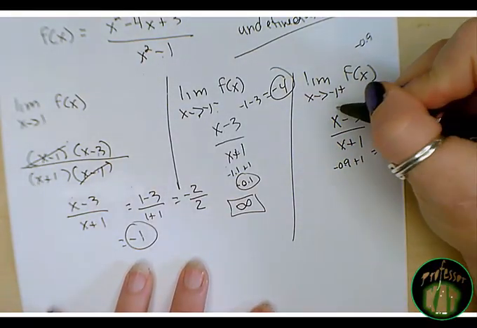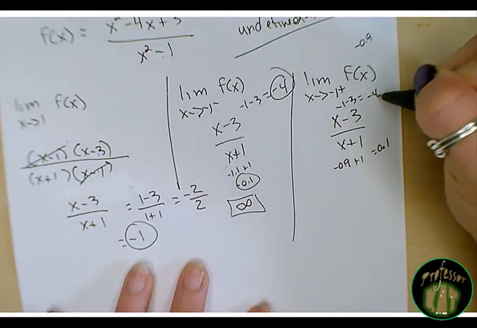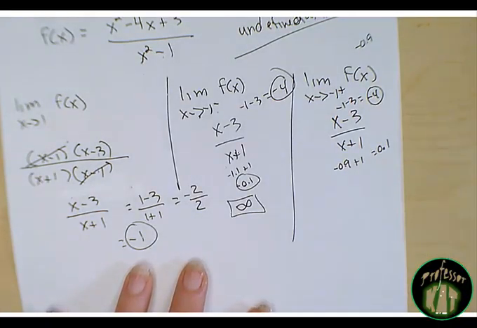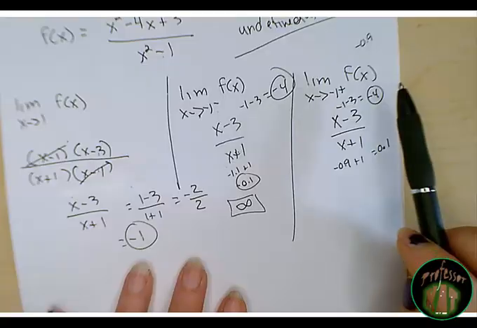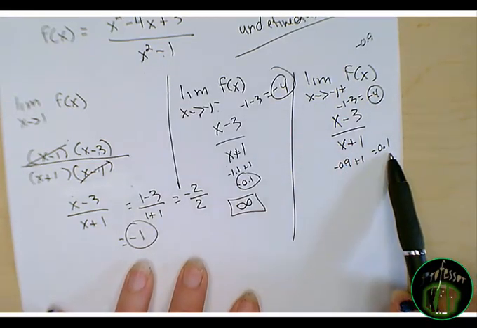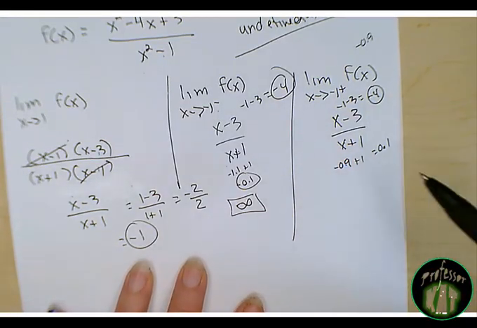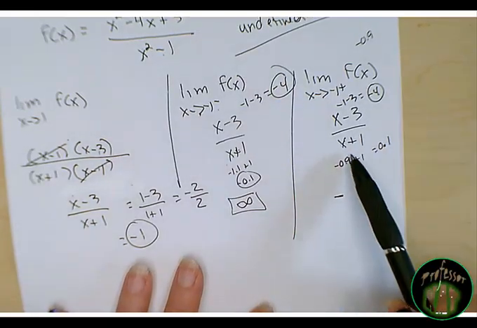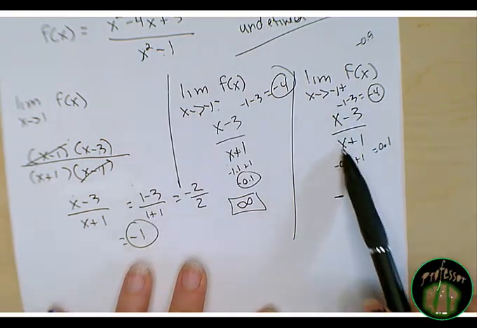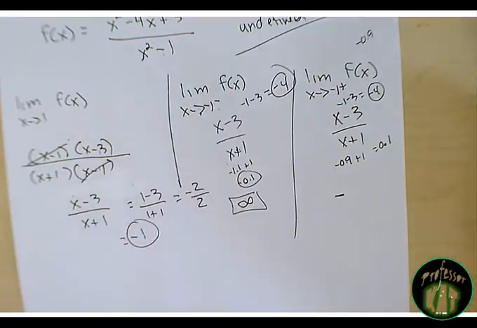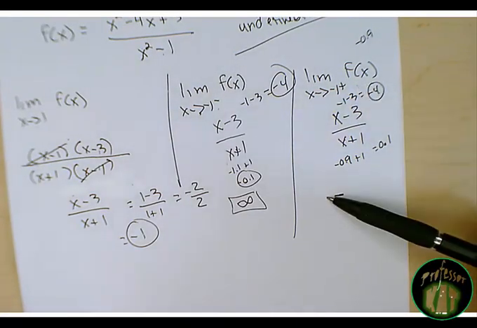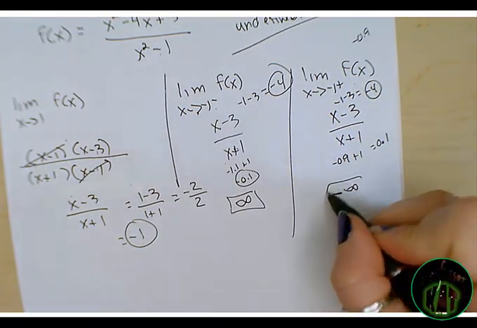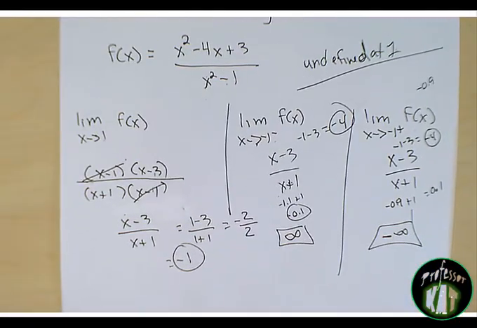If we plug negative 1 into our numerator, we get negative 4. So look at your signs: the numerator is negative, the denominator is positive, and negative over positive is negative. Again, with the small denominator, your function grows large, and the rules of limits say that if the function grows large and it is negative, it approaches negative infinity.